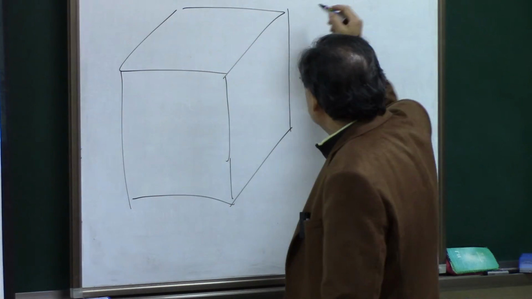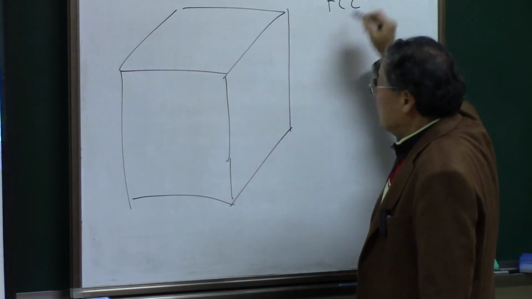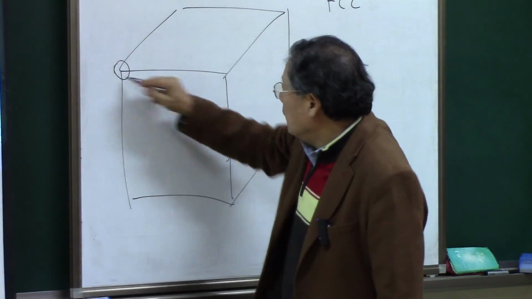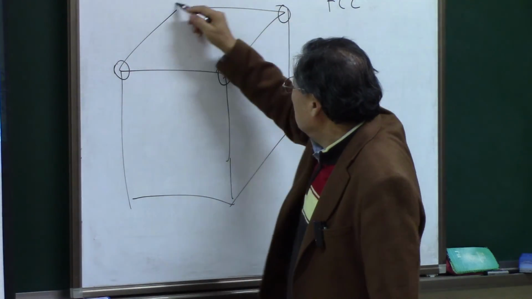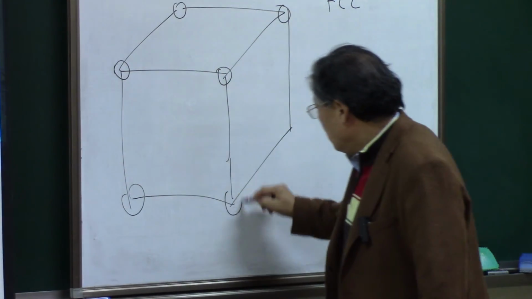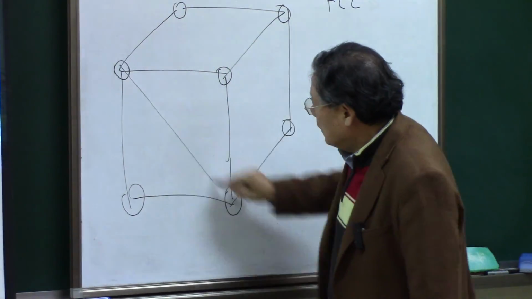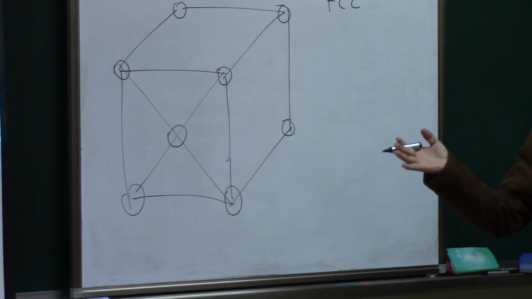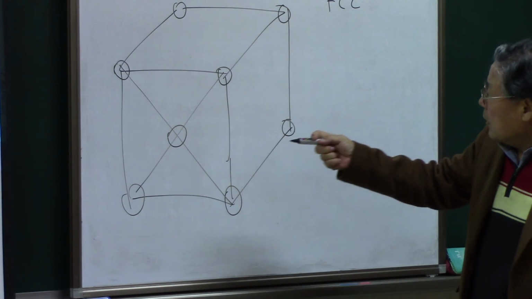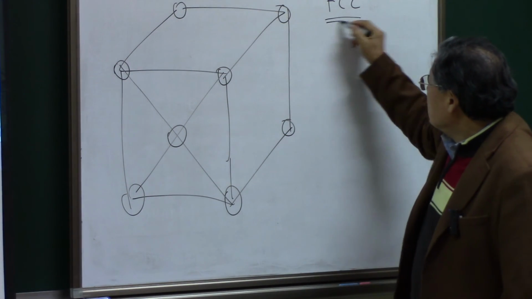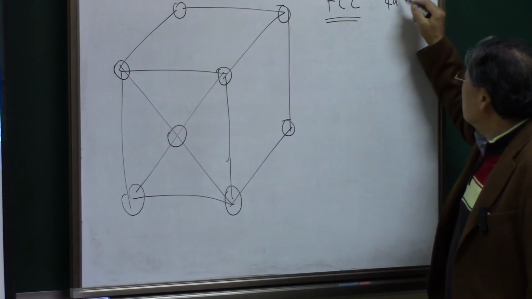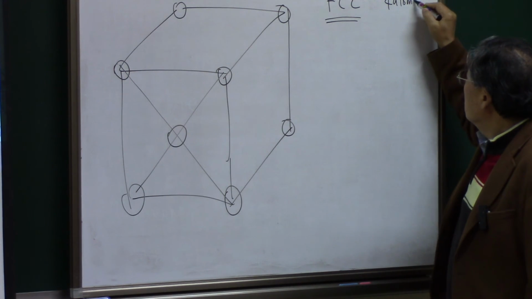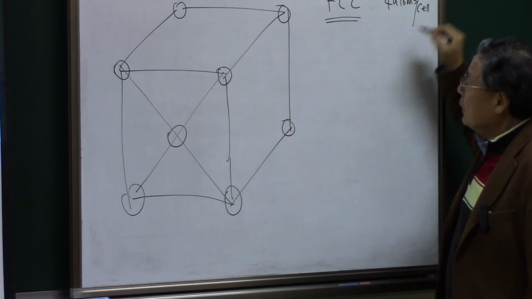And this is basically FCC, right? And the atoms are located like this, and at the face centers we have atoms there. So in FCC we have 4 atoms per cell, right?